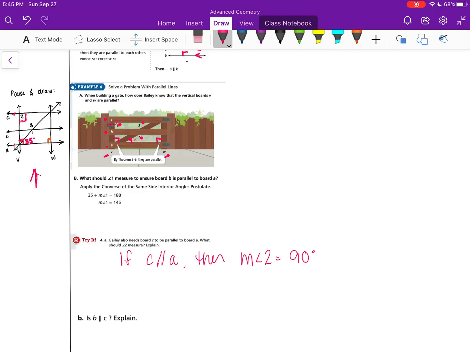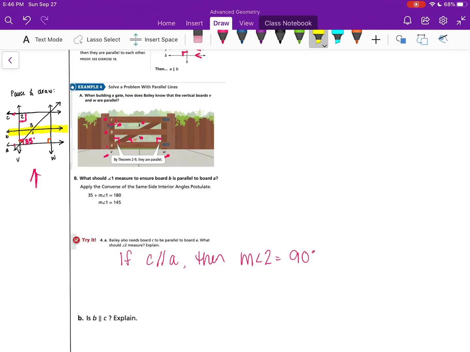And lastly, a question we can think about, is B parallel to C? So we've got horizontal line B. We want to know, is it parallel to horizontal line C? And let's look at the things that we know and are given. We again don't actually know the measure of angle 2. We're just saying that if we want them to be parallel, it must equal 90.